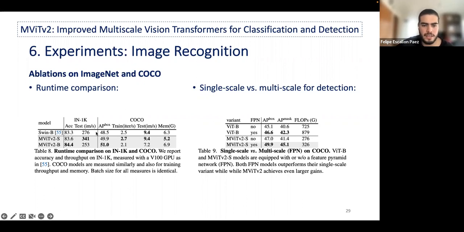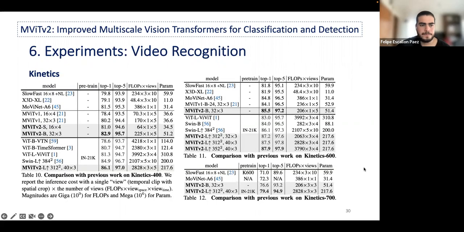So in some cases, they show that they have the same, for instance, test images per second as Swin, but that they do have different amounts in ImageNet, for example. So they compare a lot of methods, they compare a lot of databases, and basically conclude that in most of the cases, they are the best in computational resources, and that in performance, they are the state of the art.